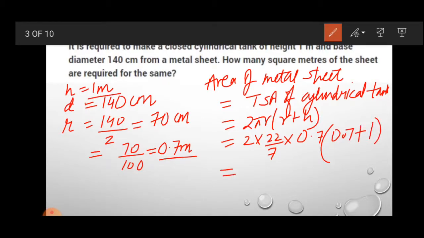On solving this, we get the area of metal sheet required is 7.48 meters square.